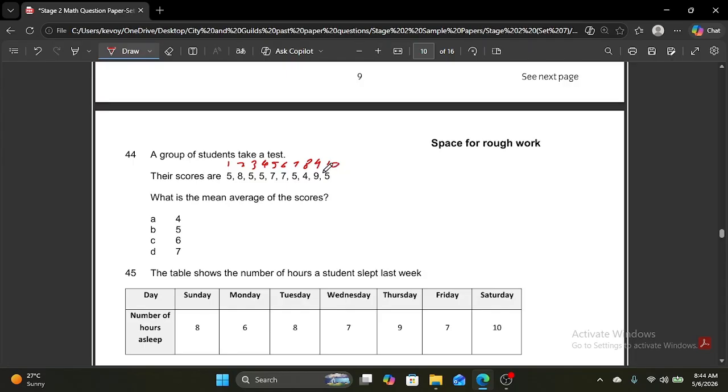So in total, that's equal to 60. And we'll divide it by the amount that's there, so divided by 10. Because we divide by 10, the mean would be 6, because 60 divided by 10 is just 6. Alright, moving right along.